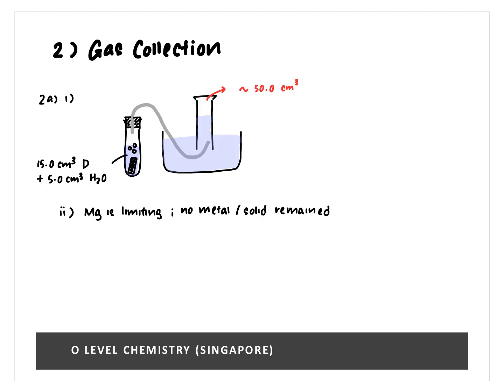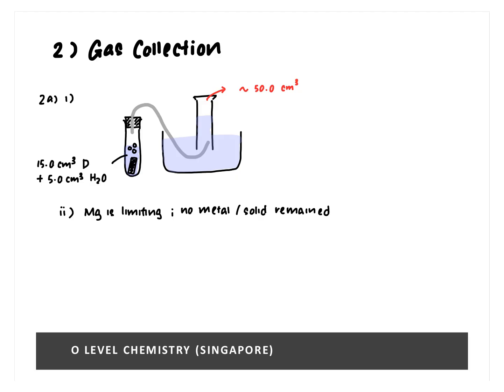The important thing to remember is that in the procedure, the initial reading of your measuring cylinder was set at 10. So students were required to introduce air into the measuring cylinder until the initial reading is at 10. So in order to measure the volume of gas produced, we need to take the final reading minus the initial reading of 10. So in this case, we got a volume of roughly 50 centimeter cube.